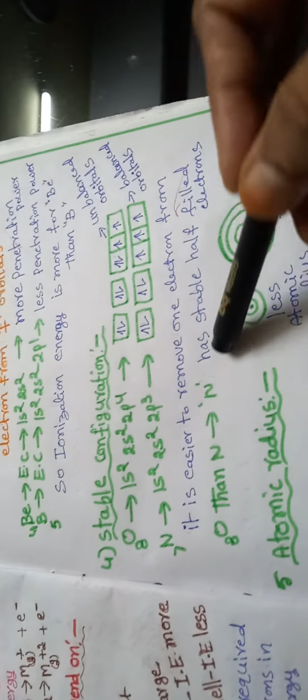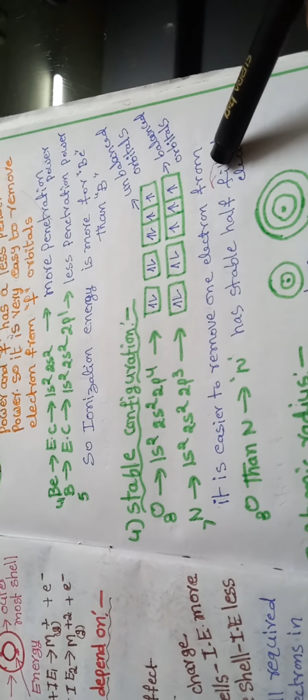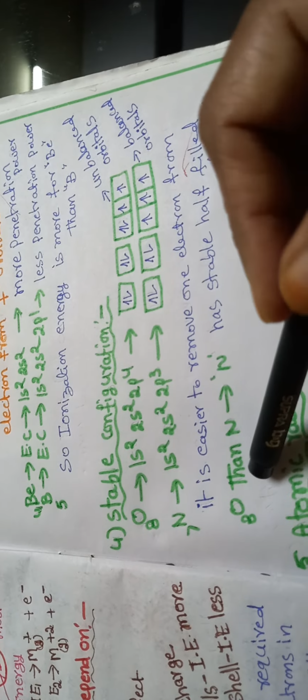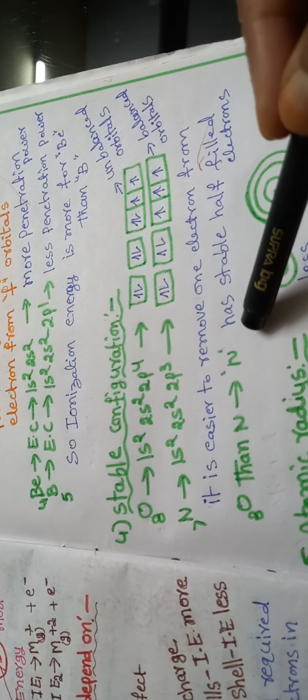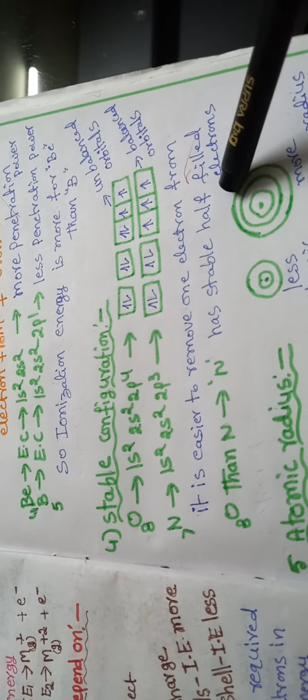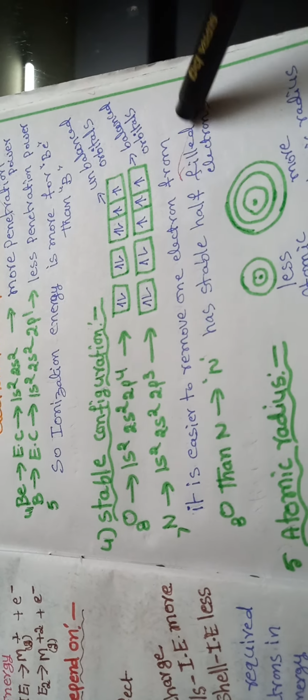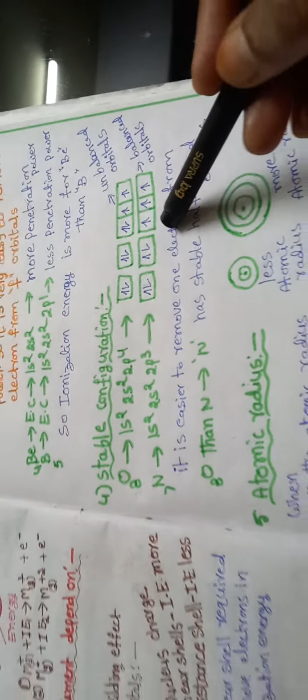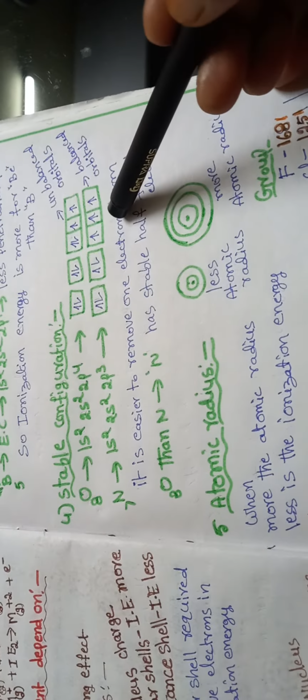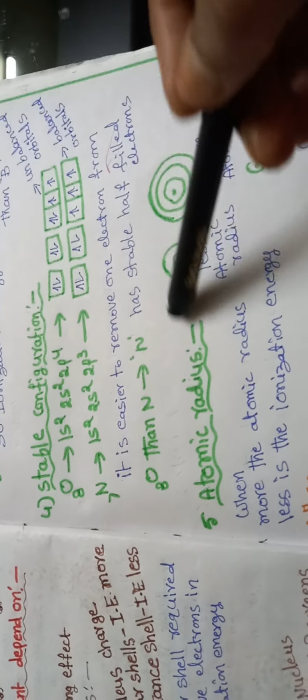So it is easier to remove one electron from oxygen than from nitrogen. Nitrogen has stable half-filled orbitals, so stability is there for nitrogen.